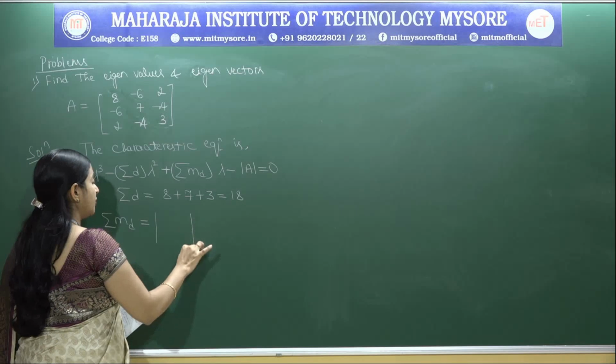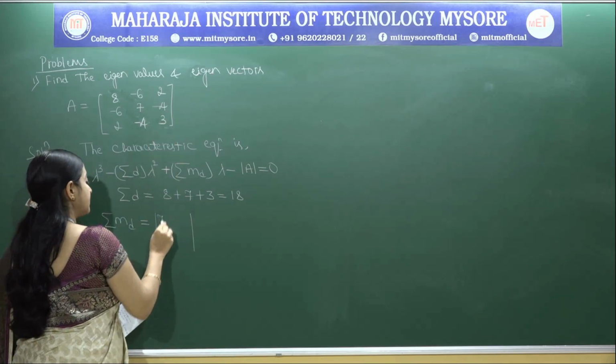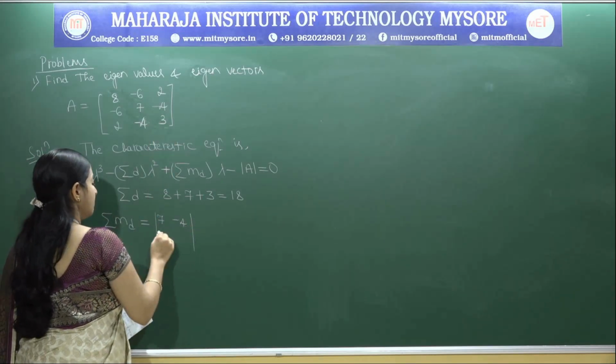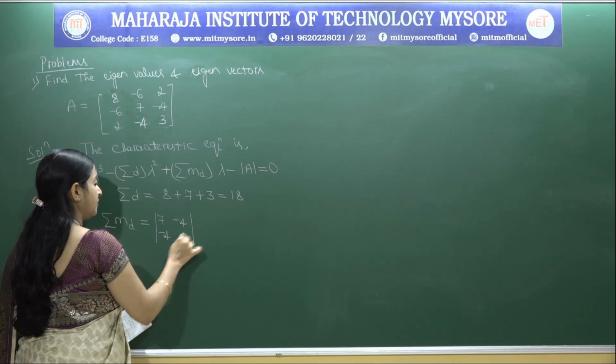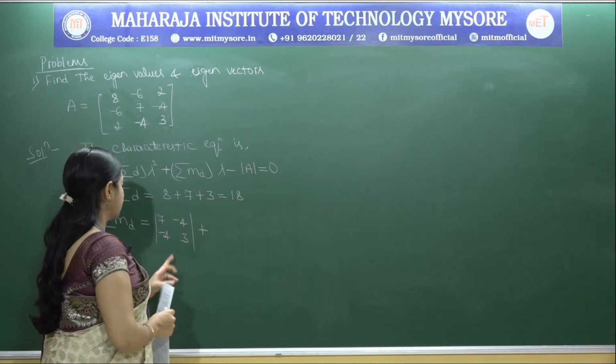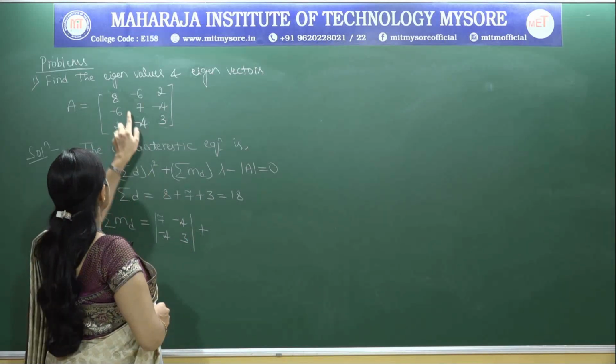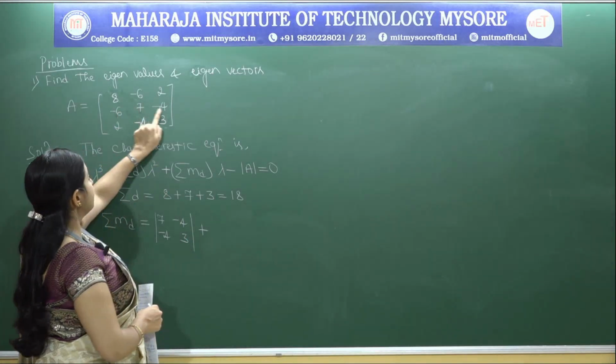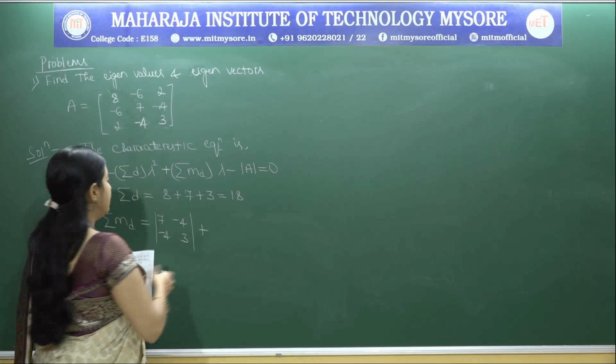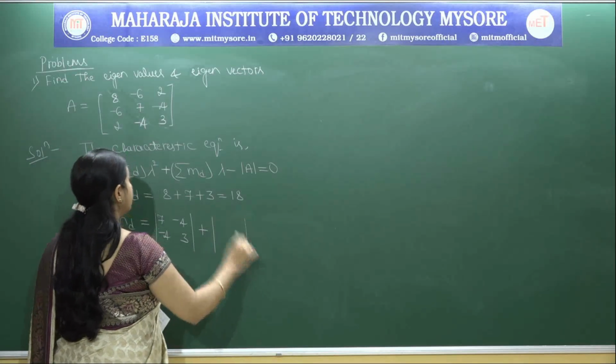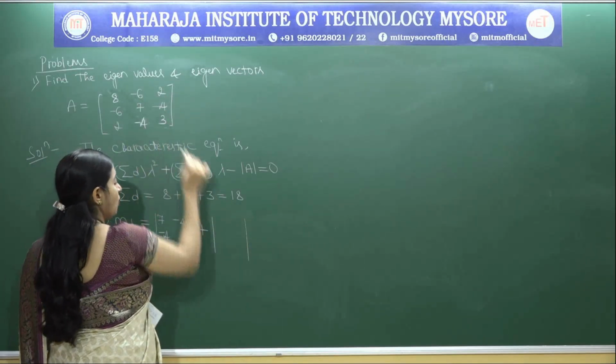So the minor means you have to consider the determinant. It is 7, minus 4 and 3, plus. So the second term, there is a diagonal entry, delete this row and this column, take the determinant of the remaining term, it is 8, 2, 2 and 3.